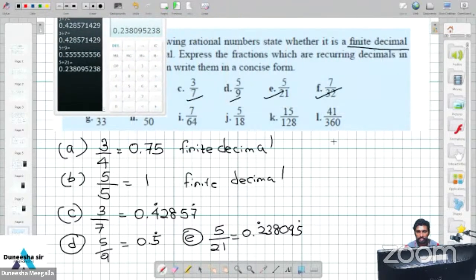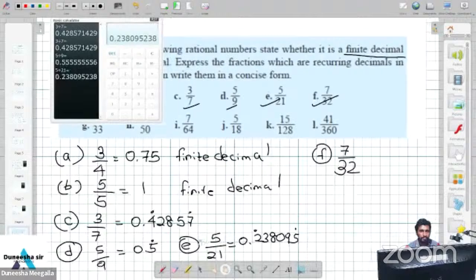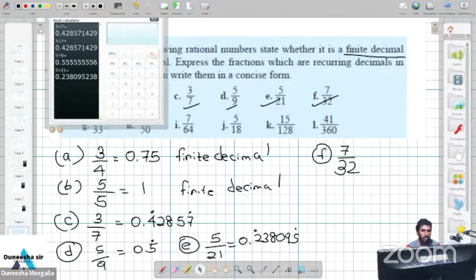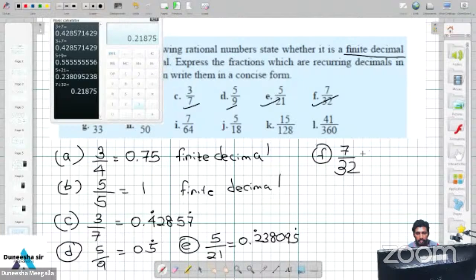Okay, then the next one is F. 7 divided by 32. 0.21875.